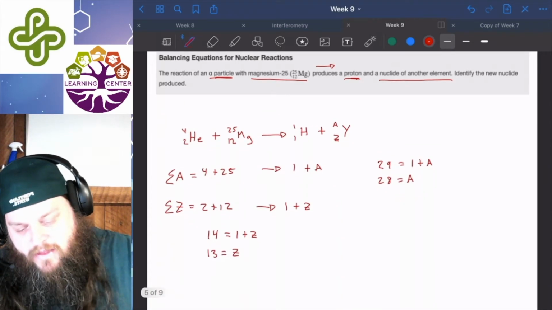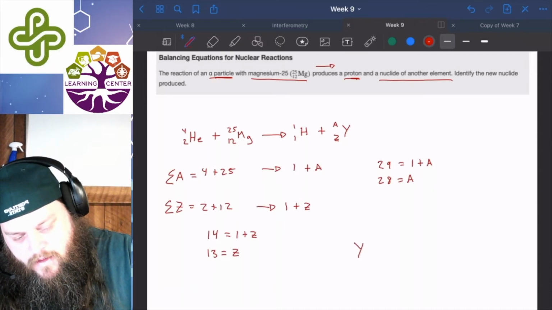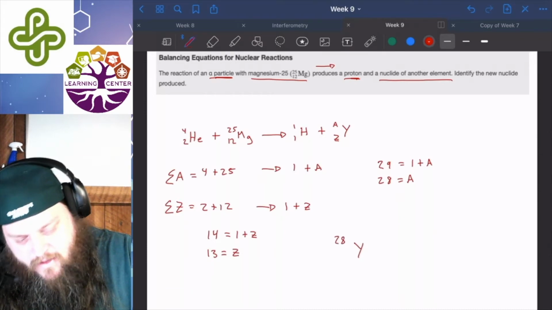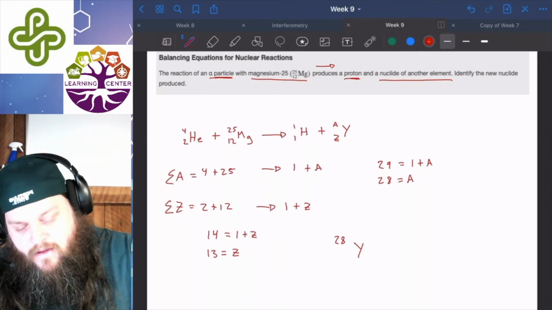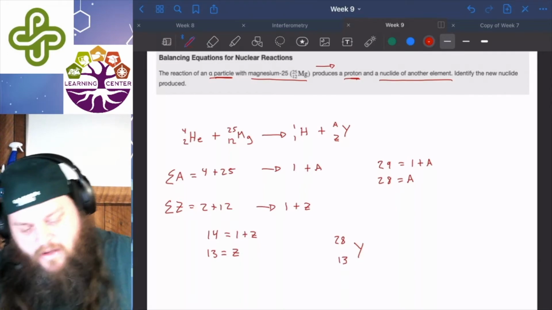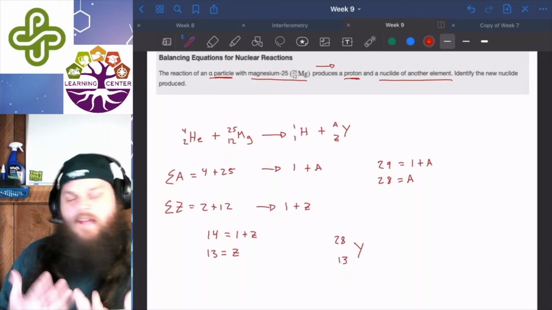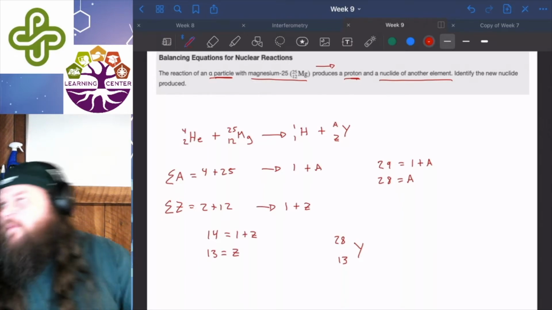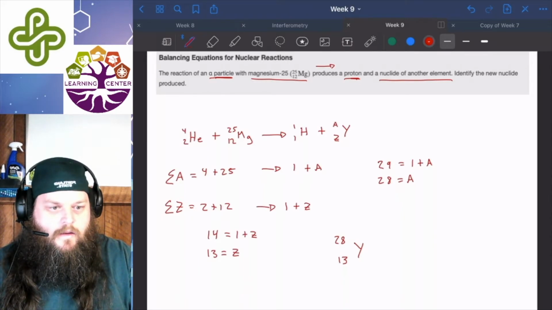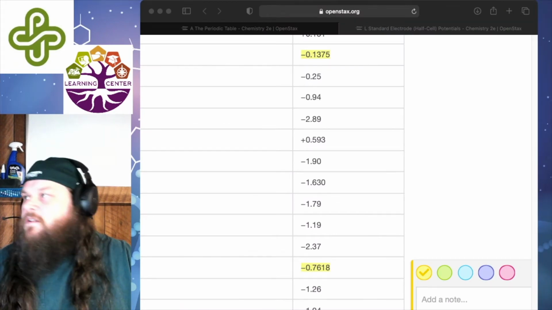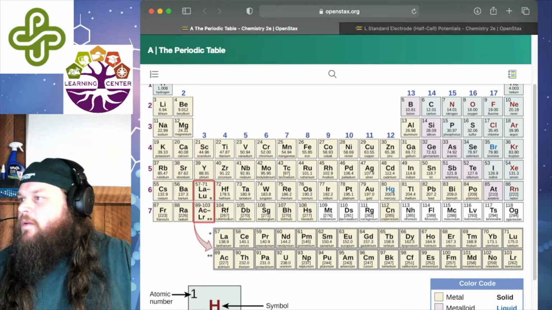So now I can write this as some element that has a mass of 28 and 13 protons. Well, 13 protons, that's an element. We can look at our periodic table. I'm going to go back to my browser, hop over to a periodic table, and we can see, oh, that's aluminum.